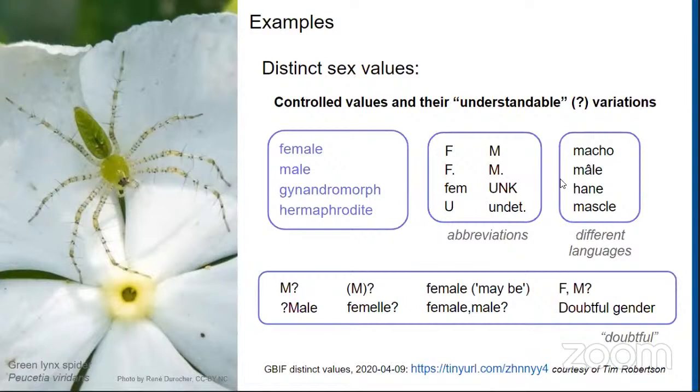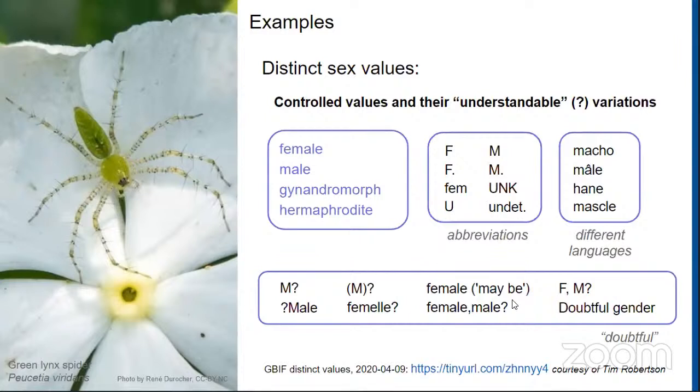We also have values in different languages. And so instead of having male, we have all these variations. So different people are using different languages. Then we have other values that are doubtful, but that we can still understand as a proxy for sex, right?